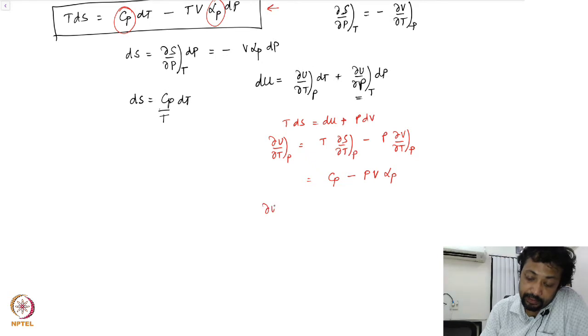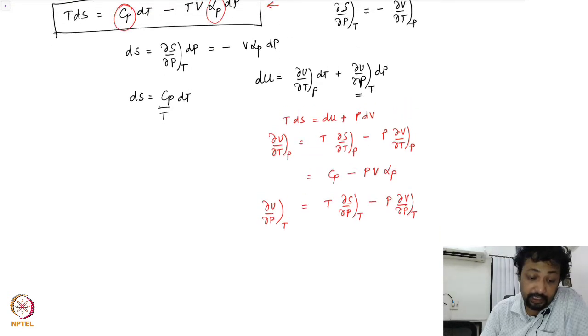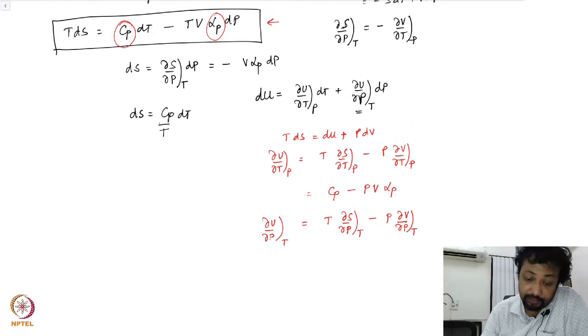Similarly, del U del P at constant temperature is T del S del P at constant temperature minus P del V del P at constant temperature. Again, I know what del S del P at constant temperature is.